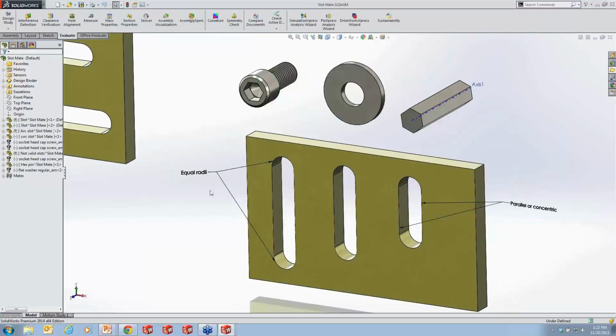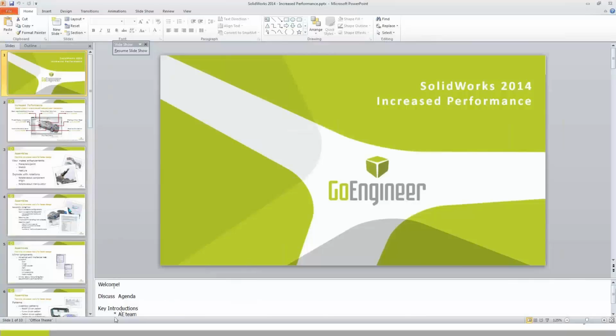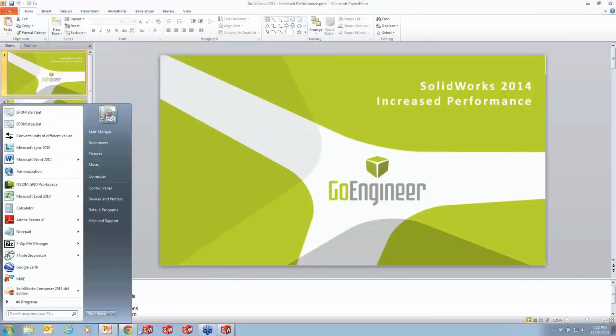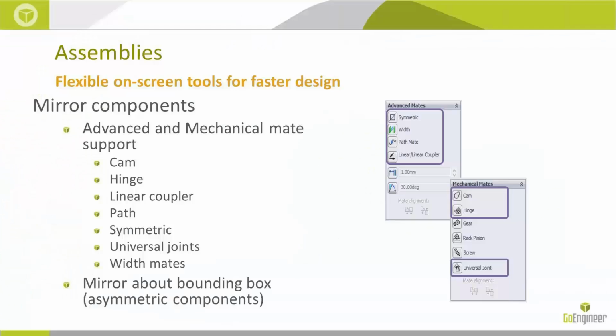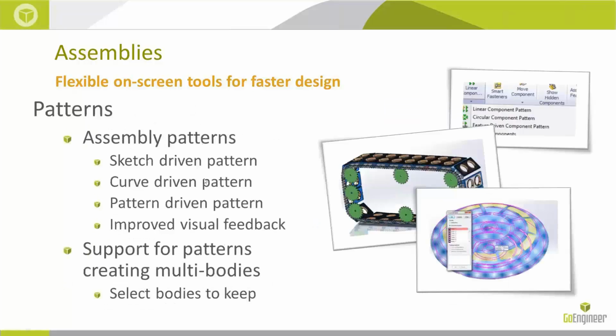Okay, now let's just mention a few other things here. Sorry, let's go to the actual slideshow. So we had some enhancements to mirror. A lot of the mates and the bounding box was nice. The patterns in assemblies have some new options, and support for pattern and parts where you create multiple bodies allows you to keep those.